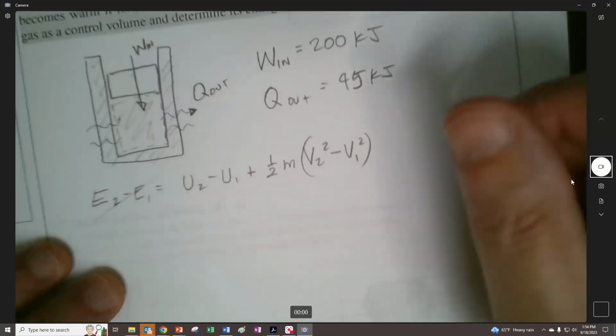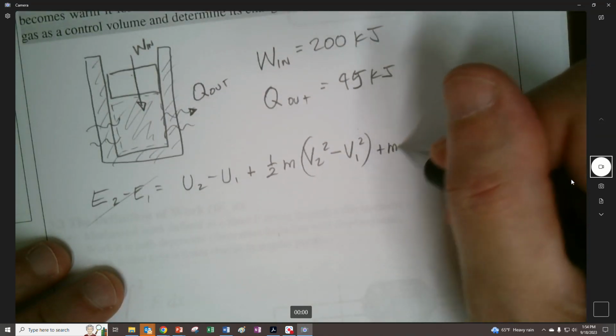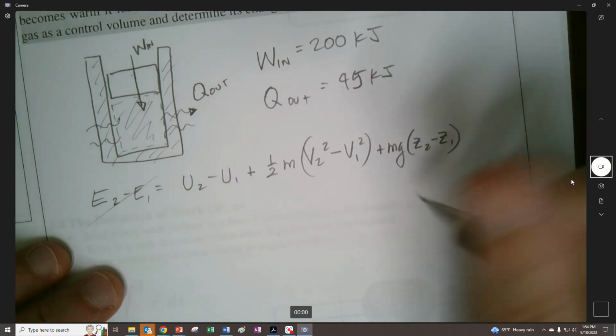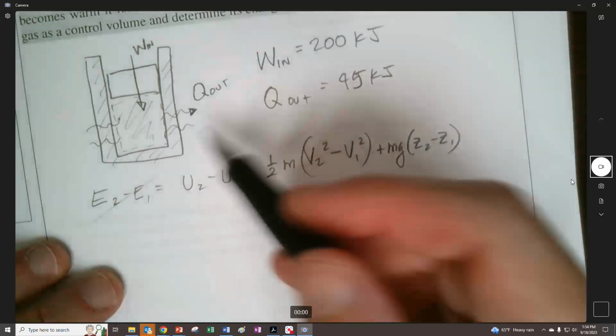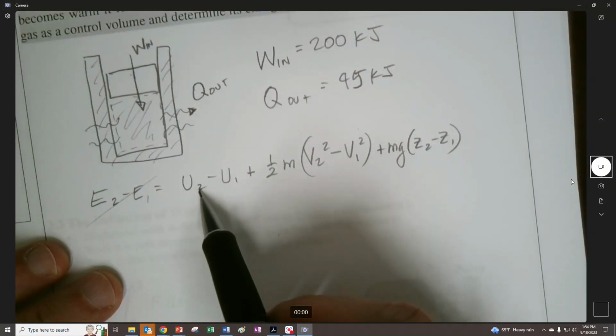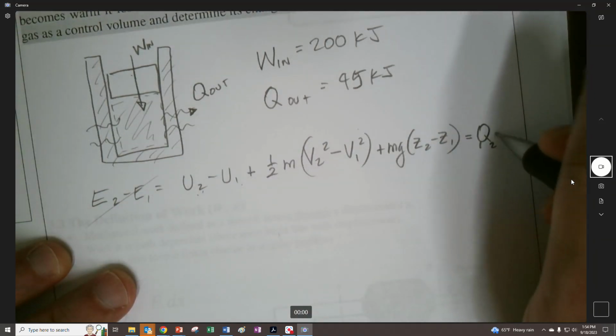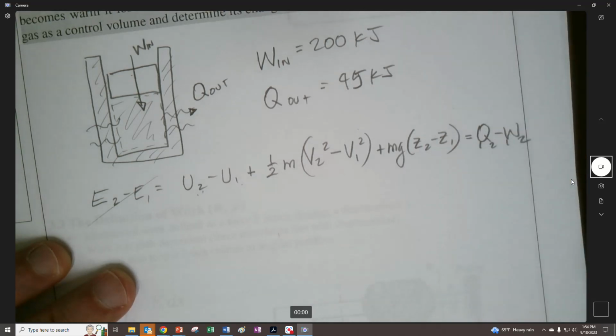Am I going to have enough room over here? Let me squish this in. Plus mg (Z2 minus Z1), right? Because we're moving from point 1 to 2, so we're going to subtract 1 from 2. It's going to be equal to Q1 to 2 minus W1 to 2, right?